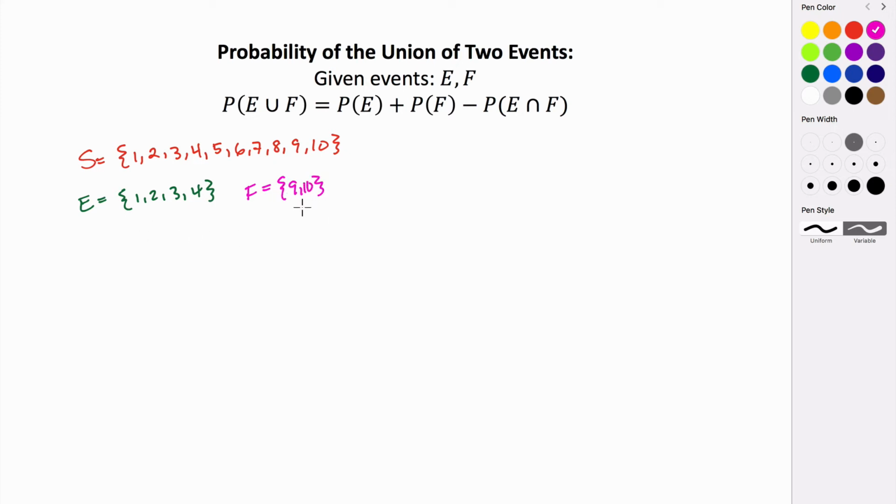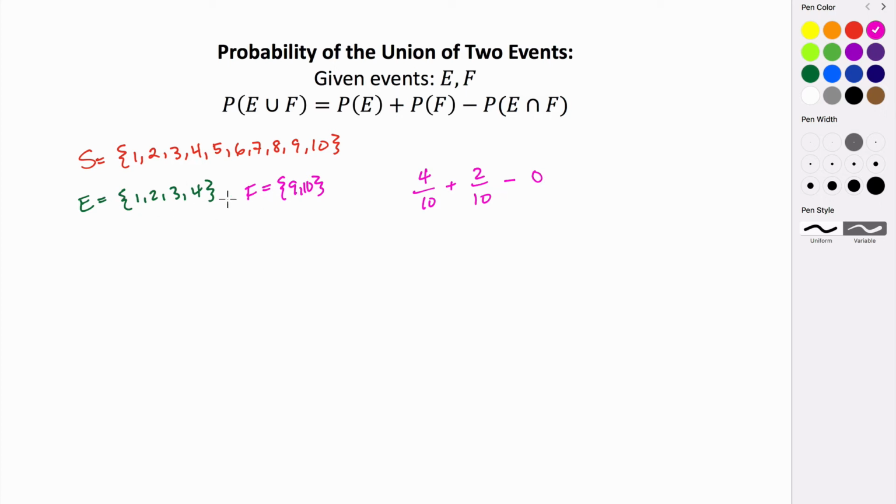So if we wanted to calculate the probability for this union, it would be 4 out of 10 plus 2 out of 10 minus the intersection. But there's nothing in the intersection. 1, 2, 3, and 4, none of those elements exist in F. So we would be subtracting a probability of 0.